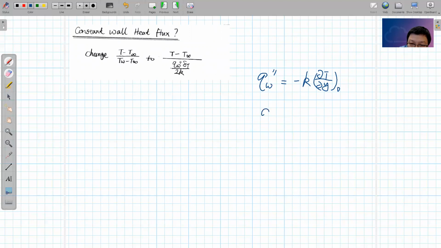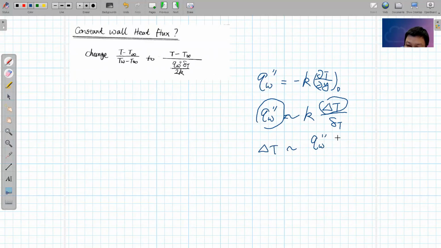If you do scaling, it is of order k delta T over delta T. So when Q wall is constant, the corresponding delta T scale can be represented as delta T equal to Q wall prime times delta T over k, right?